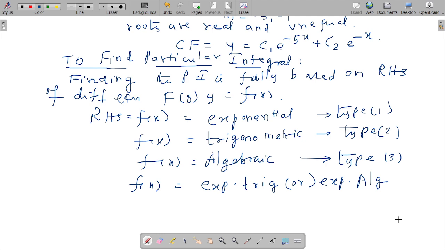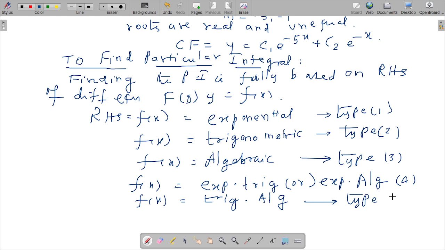It is type 4. Or this f of x may be trigonometric into algebraic. This is type 5.